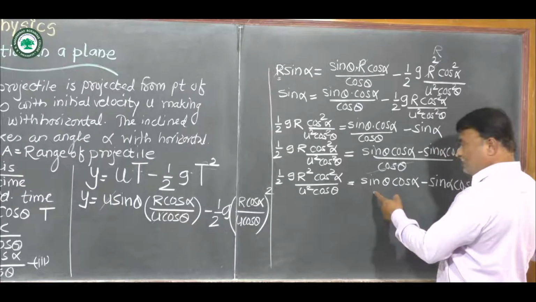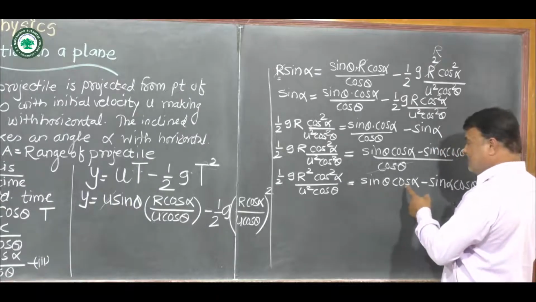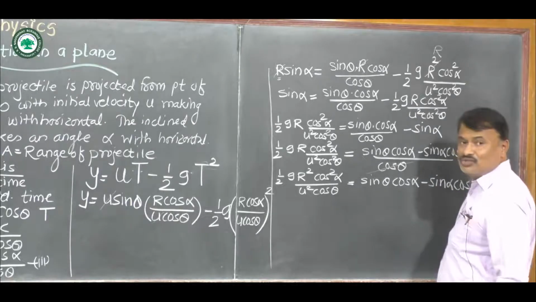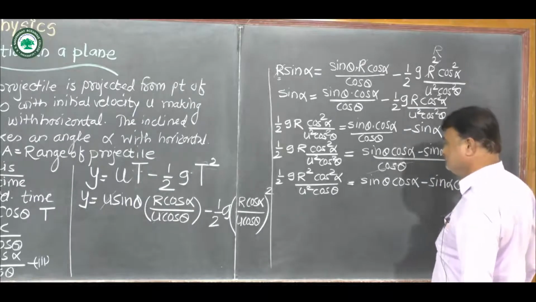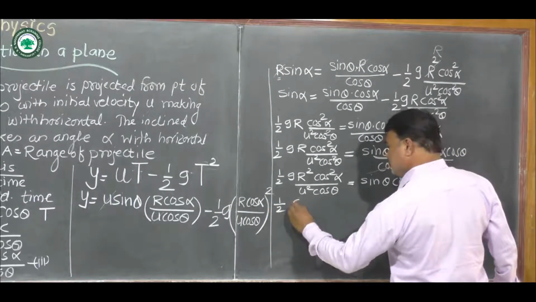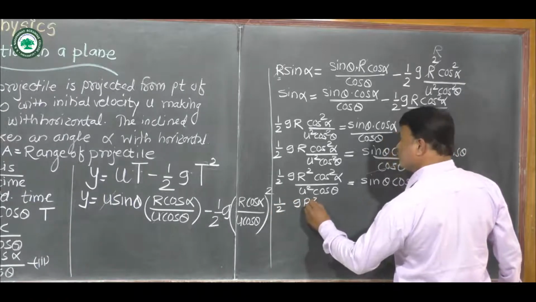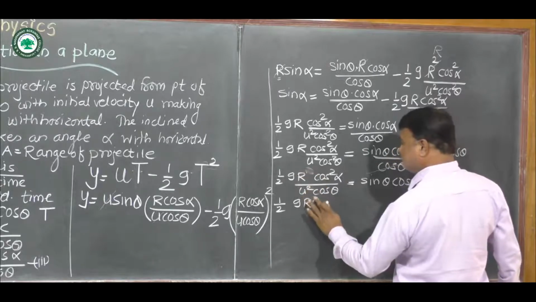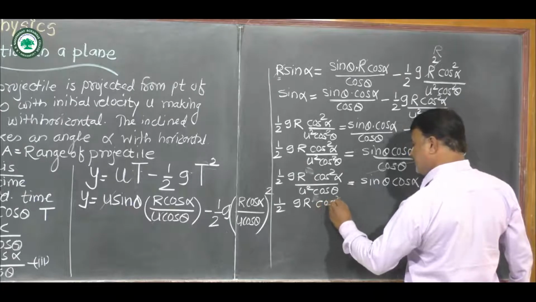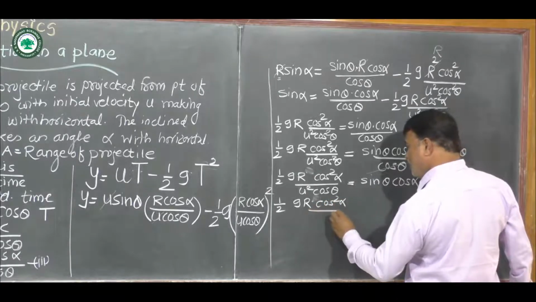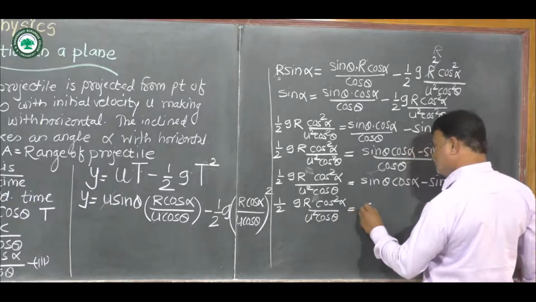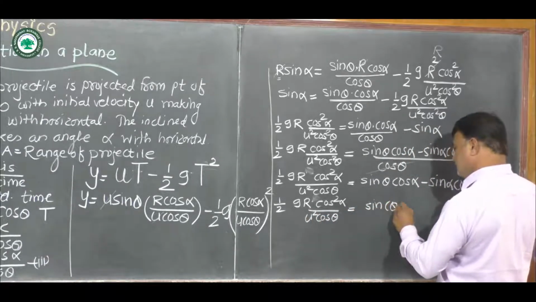We use the formula sin theta cos alpha minus sin alpha cos theta is equal to sin(theta minus alpha). So we get half g into r cos square alpha upon u square cos theta is equal to sin(theta minus alpha).